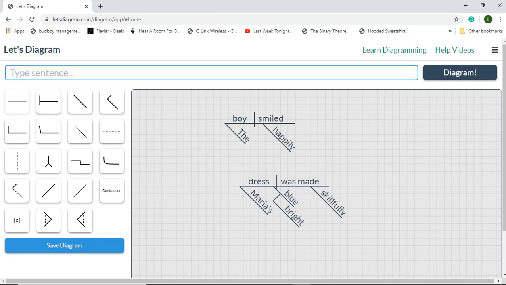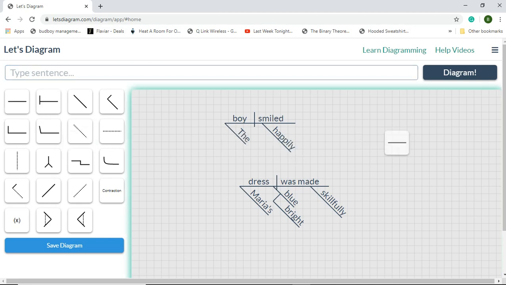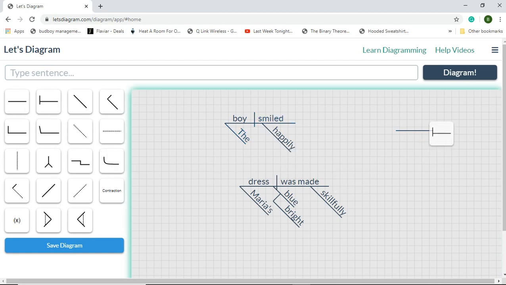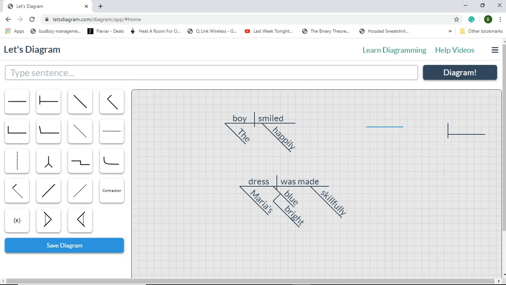So, let's get our cross ready. There we go, I'll move it over here. A little extra space. Our next sentence for question number 3 is: where did she go? Where did she go?